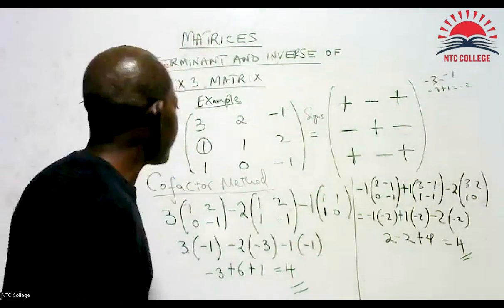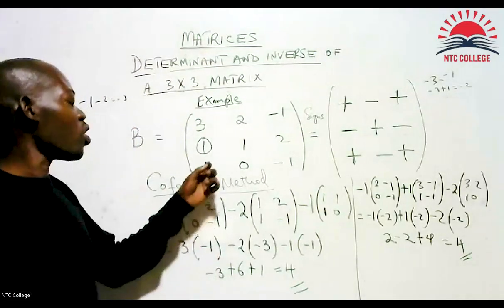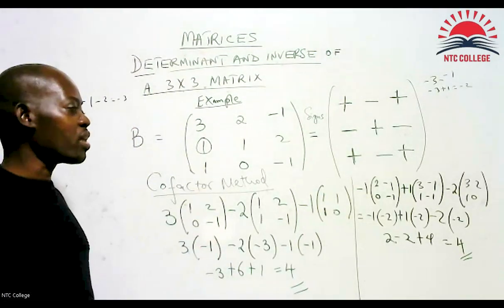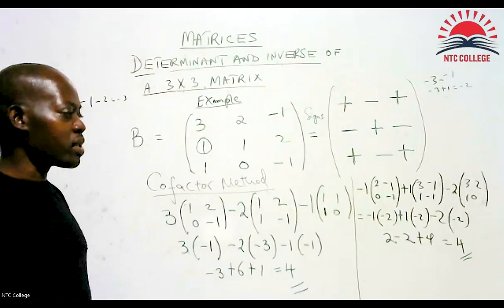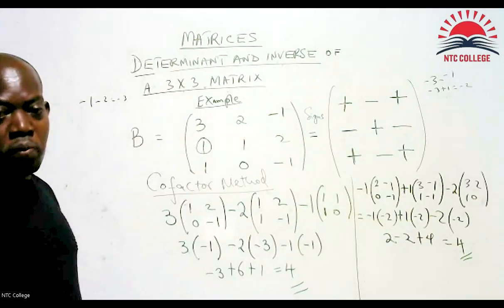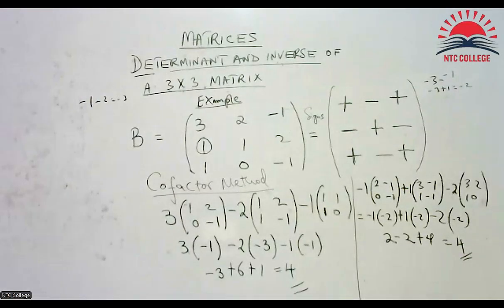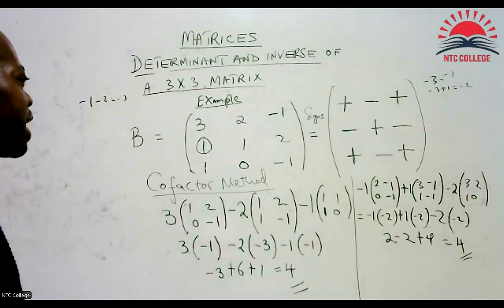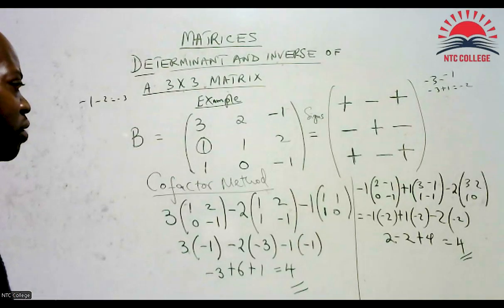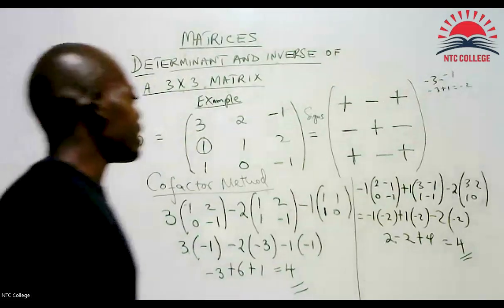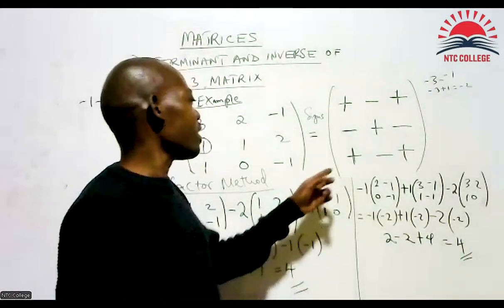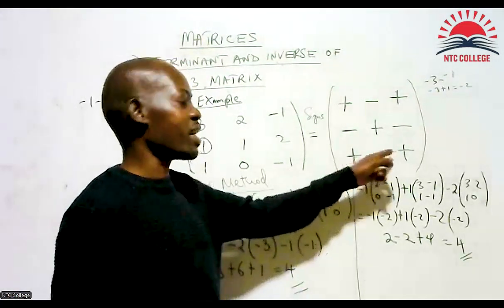And therefore that means even if we used row 3, the determinant would still be +4. But I don't want you to prove that. We have compared row 1 and row 2. Even if you were to use row 3, your determinant would still be +4. Don't forget, if you decide to use row 3, the signs are plus, minus, plus.